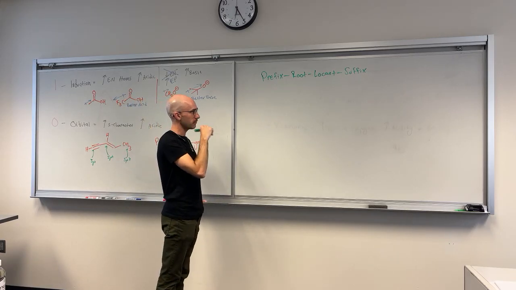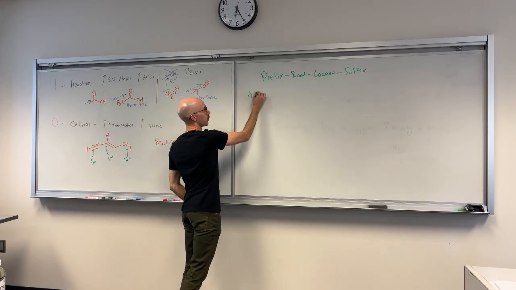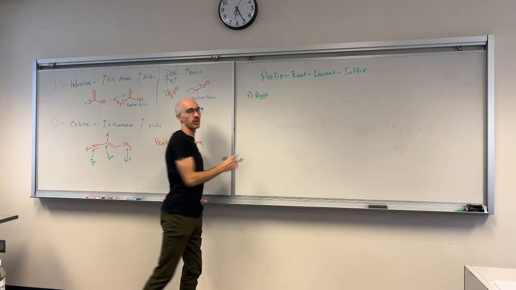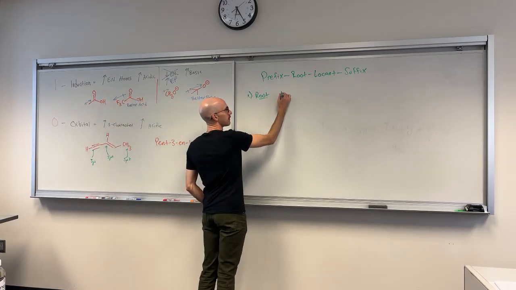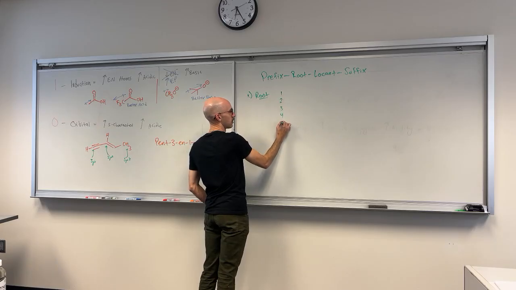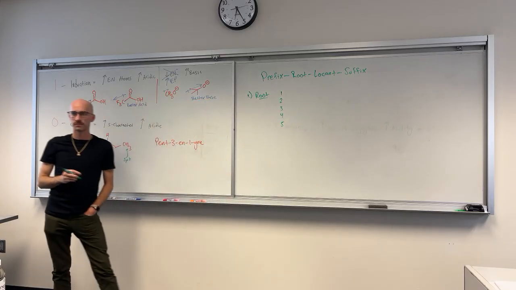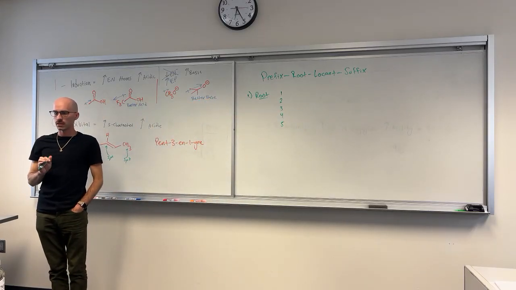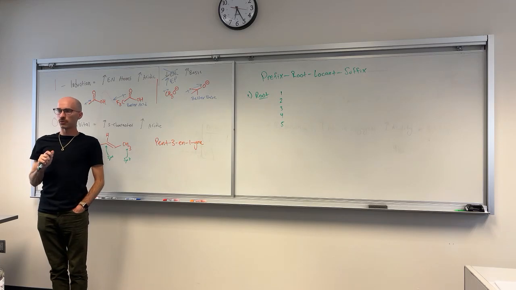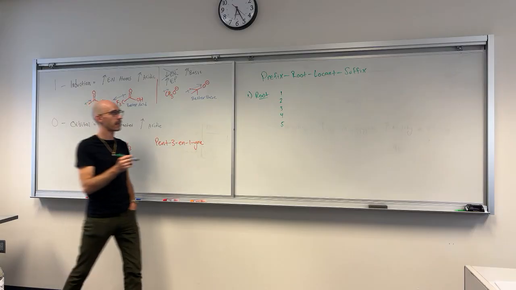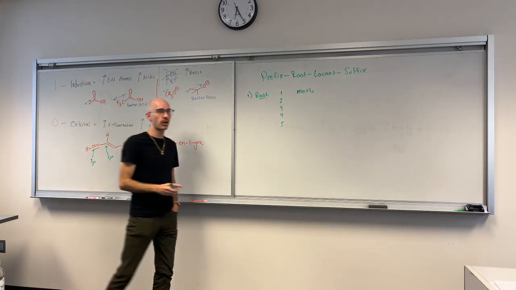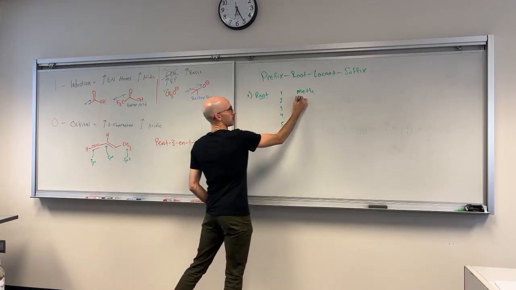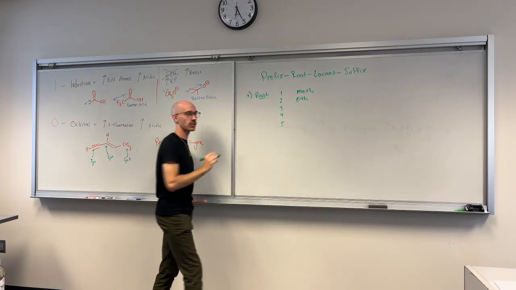So let's start real quick with root, because I think this is what you should be the most familiar with. Kayla, can you give me the root for a 1 carbon chain? Meth. Killian, the root for a 2 carbon chain? Eth. Jordan, a 3 carbon chain?